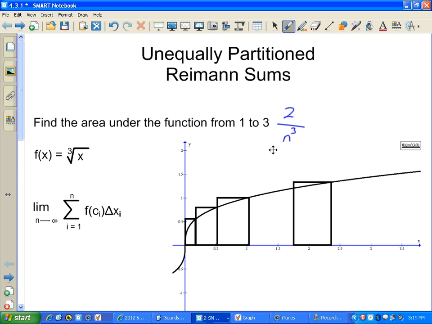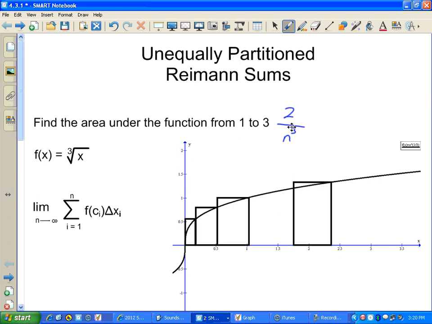So when I go to plug in values, I want to be able to take the cube root of it. So this is what I'm going to divide my 2 into, n cubed pieces, which is just another form of n. Since n is an arbitrary amount, this is still just like an n, but now that it's cubed instead of just being n, it's going to make solving easier.